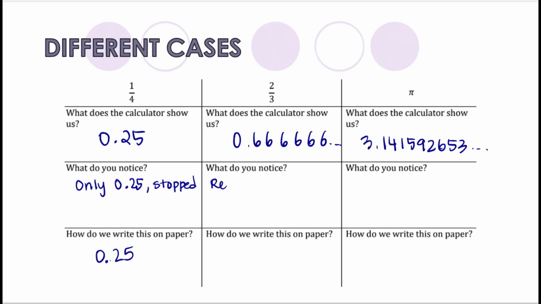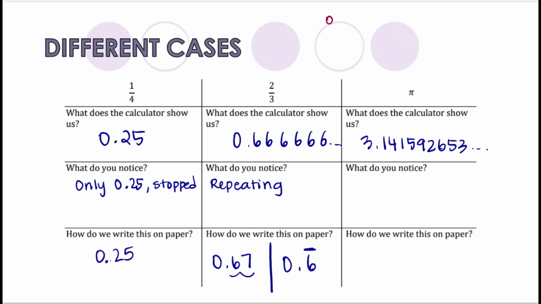This next one is repeating. If you have a repeating decimal, there are 2 ways I've seen this written. The first one is to go 0.67. They just rounded, usually 2 decimal places is what is acceptable. So you would round the second number up, because 6 is more than 5. I've also seen it as 0.6 with a bar on top. The bar means it's repeating.